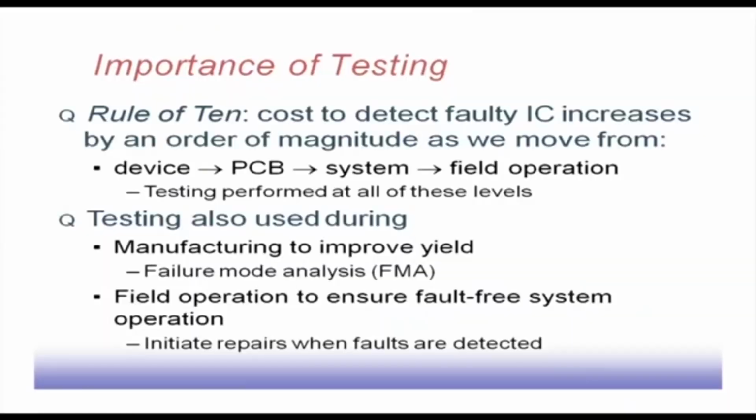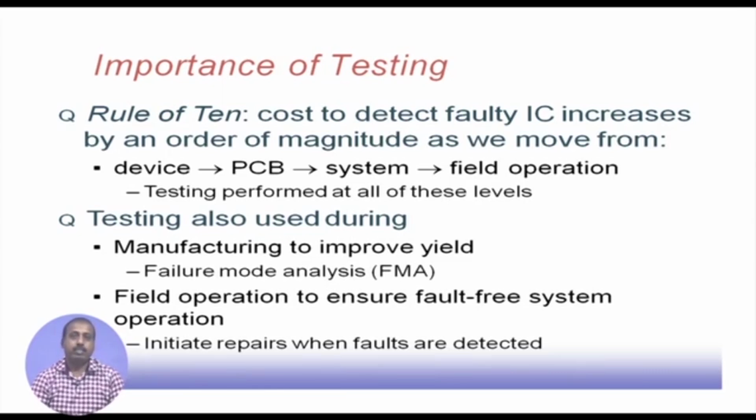So, PCB level testing can be done. If we can detect some problem at the device level, we can rectify it with minimum effort. At the PCB level, we have to replace the chip, or if we think about fault tolerance, we have to duplicate an entire chip. That way it becomes costly.